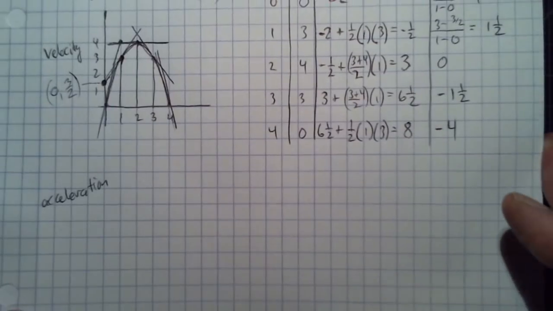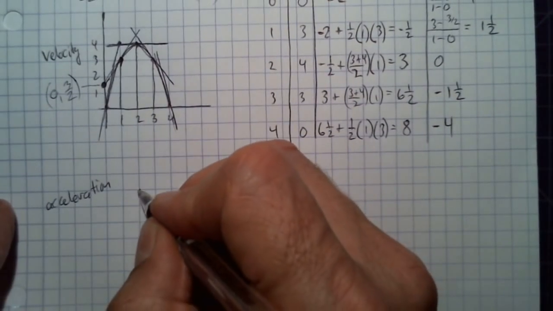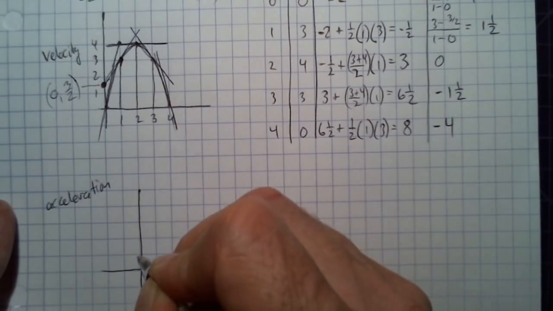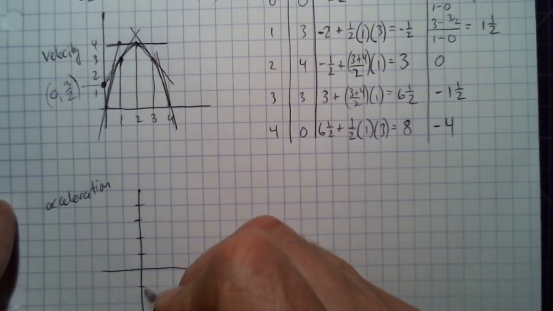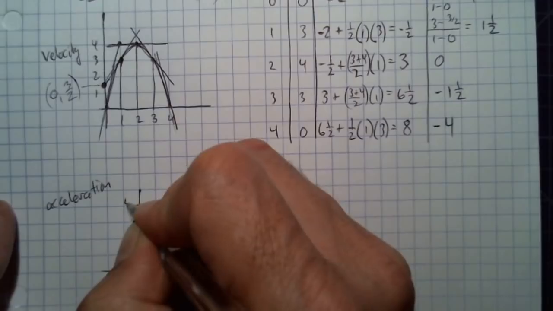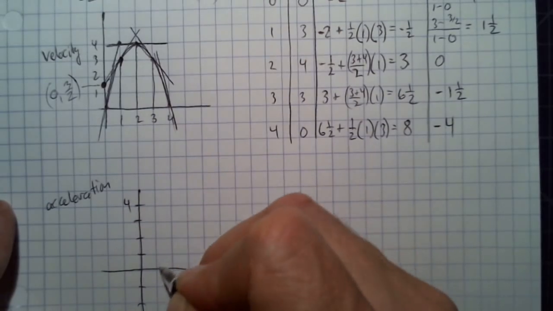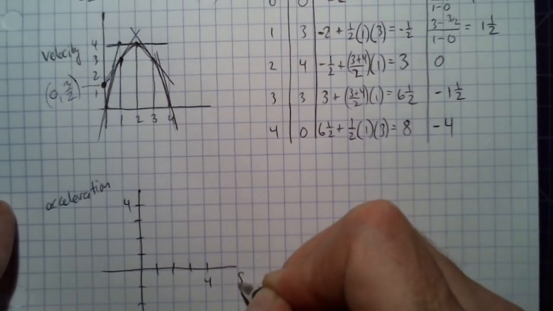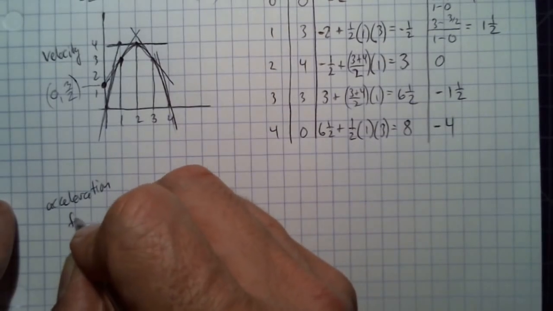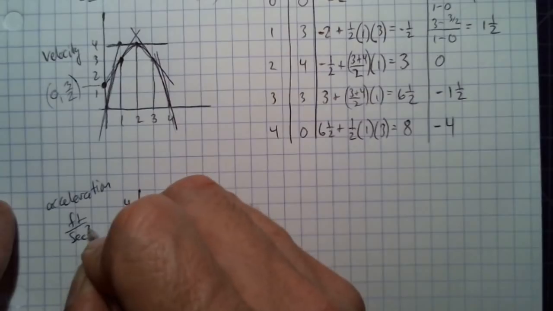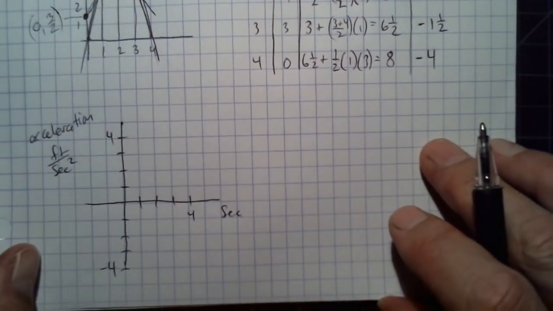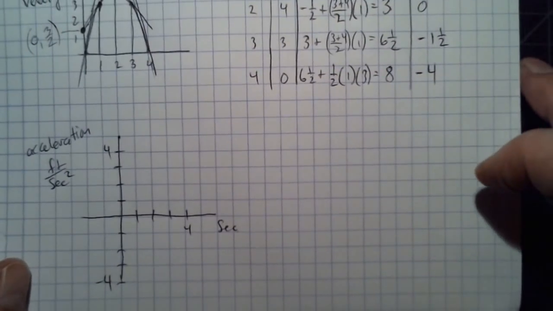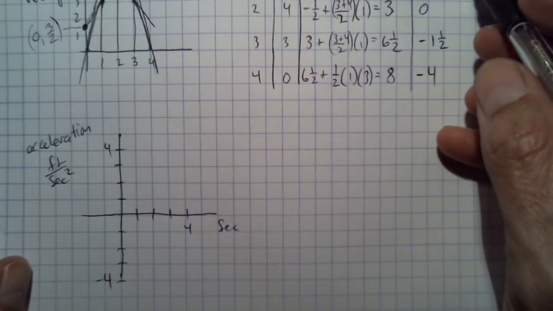So let's plot those points. Seconds, and this is feet per second squared. So the endpoints will have an undefined slope, even though we know it's going towards 4.